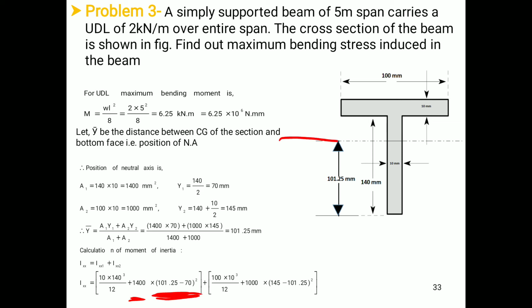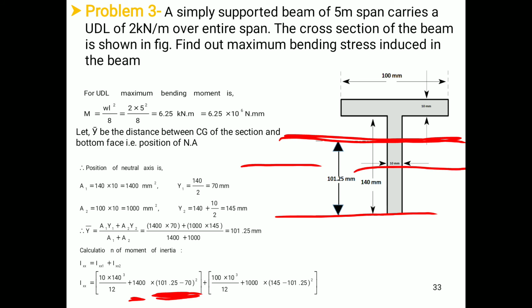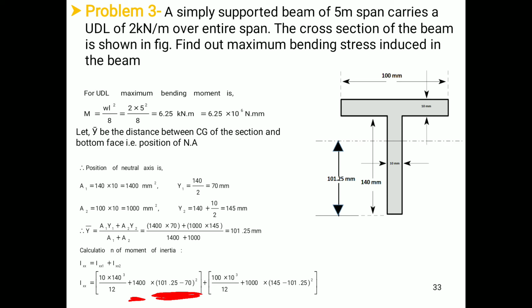Because the neutral axis for the entire section is at a depth of 101.25 from the bottom face, and for section 1 the total depth is 140, so 140 divided by 2 is 70. So the distance between the two axes is 101.25 minus 70, squared.